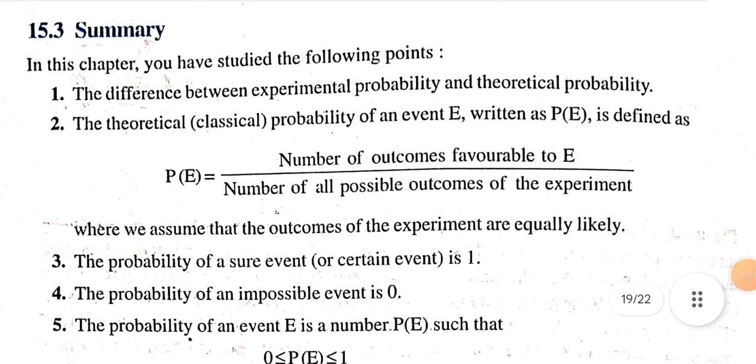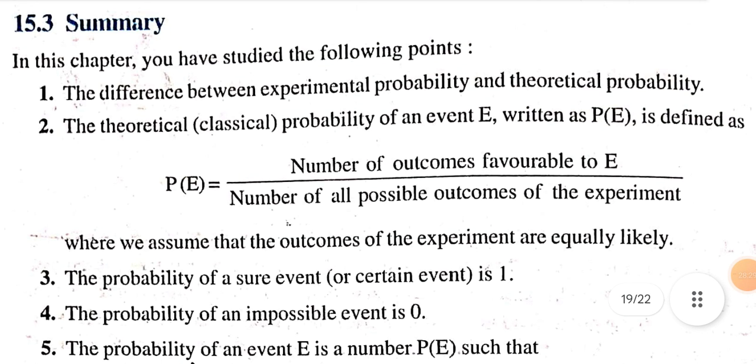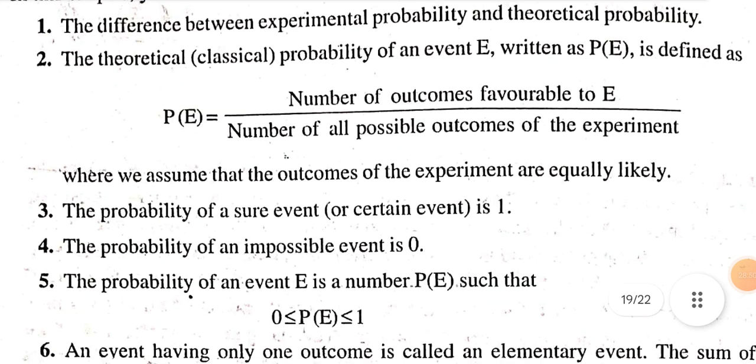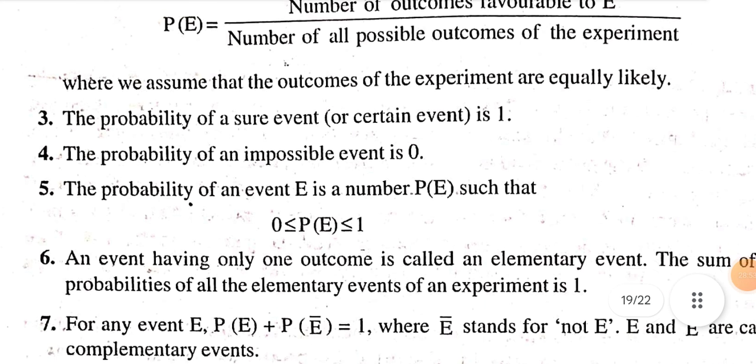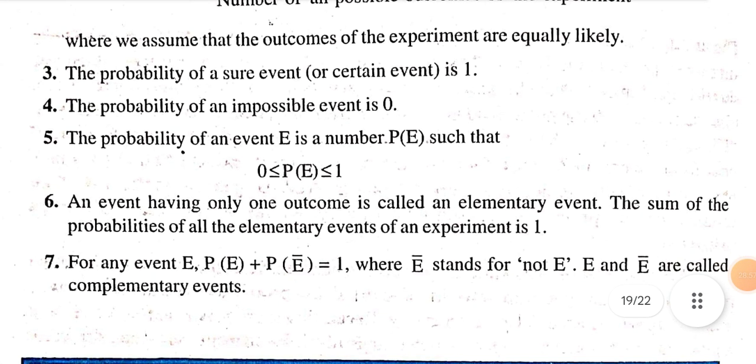Chapter 15, Probability. Summary. In this chapter, you have studied the following points. 1. The difference between experimental probability and theoretical probability. 2. The theoretical (classical) probability of an event E, written as P(E), is defined as P(E) = number of outcomes favorable to E / number of all possible outcomes of the experiment, where we assume that the outcomes of the experiment are equally likely. 3.